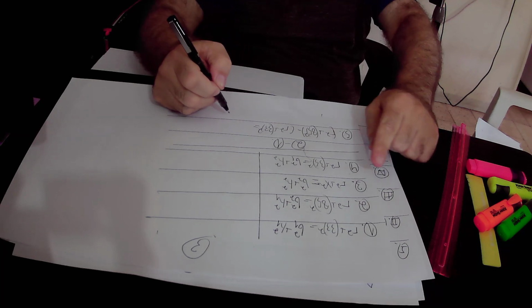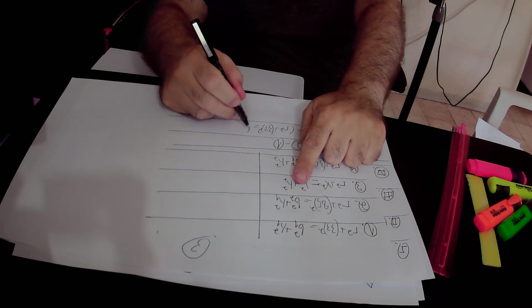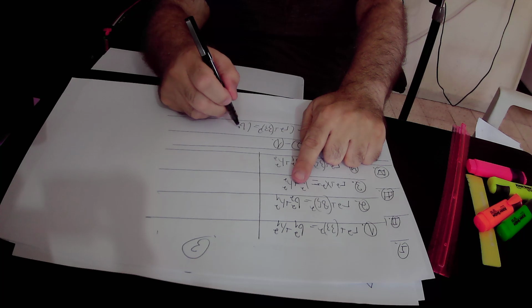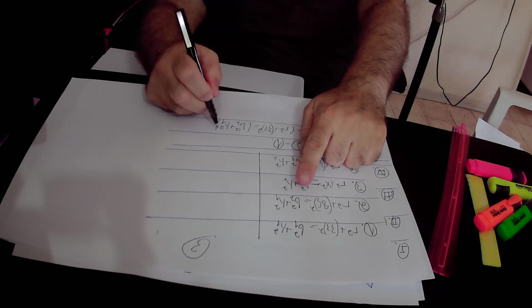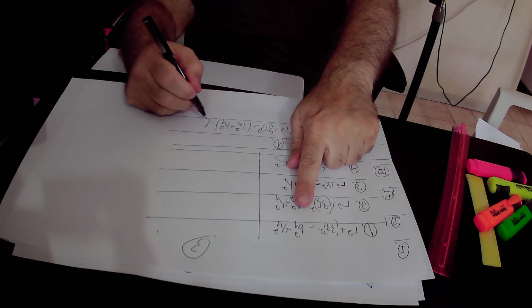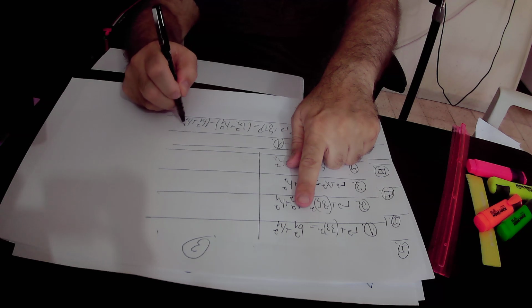On the other side of equation number 2 we have B2 squared plus H1 squared minus equation number 1 we have here minus B1 squared plus H1 squared.